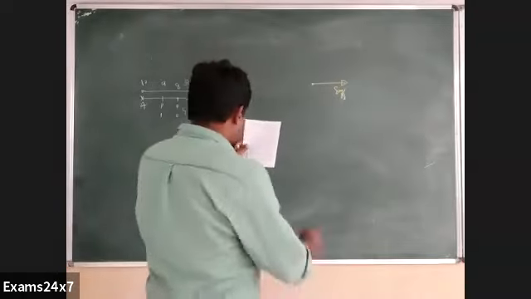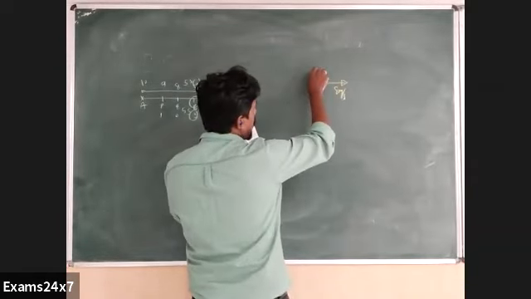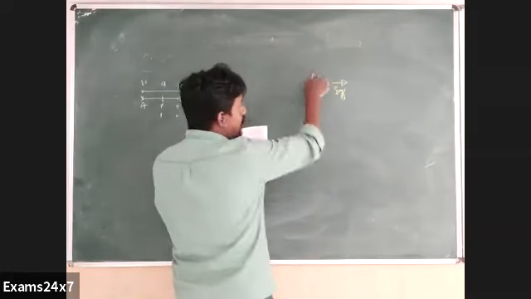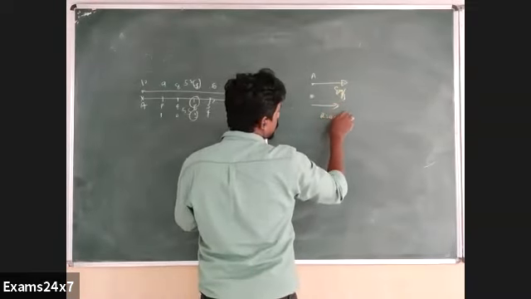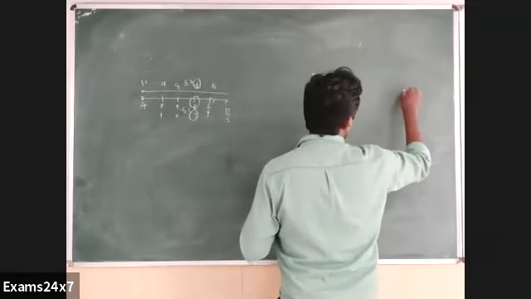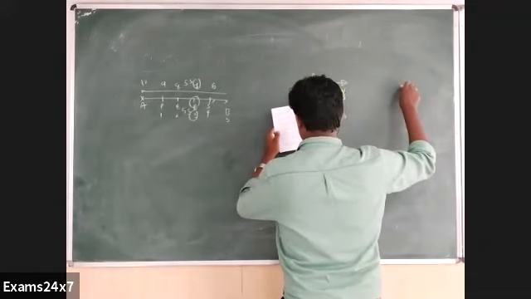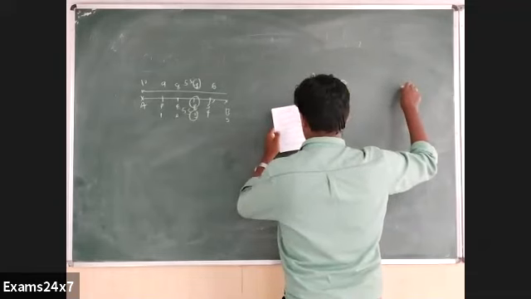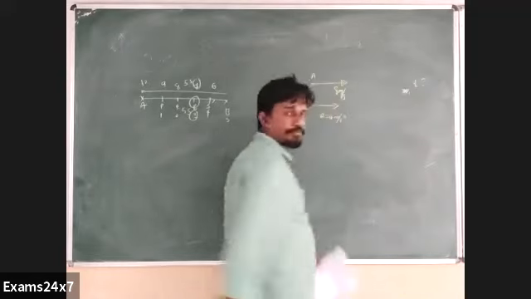When body A crossed the other body, that body starts accelerating with 4 meters per second squared. They're asking at what time t they meet again.